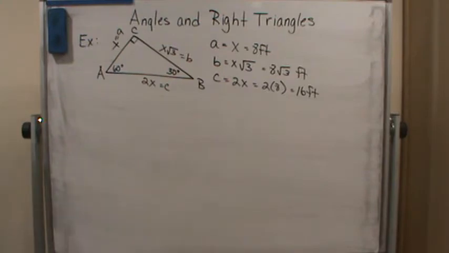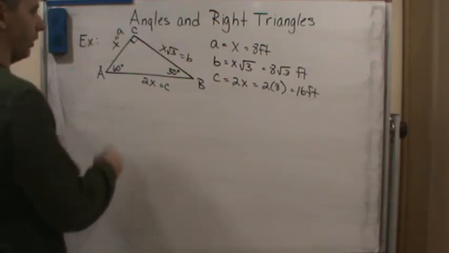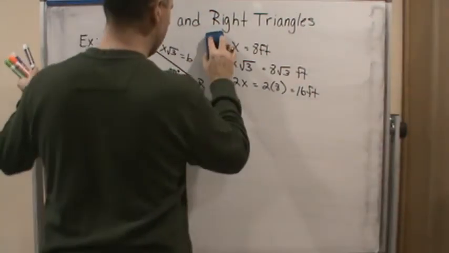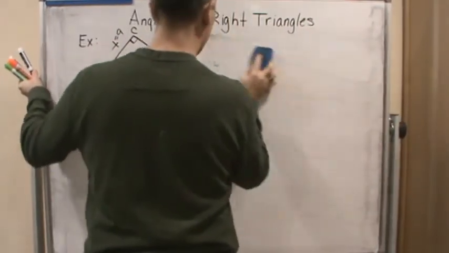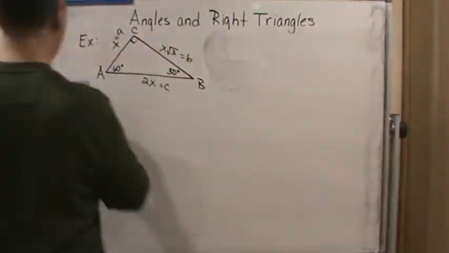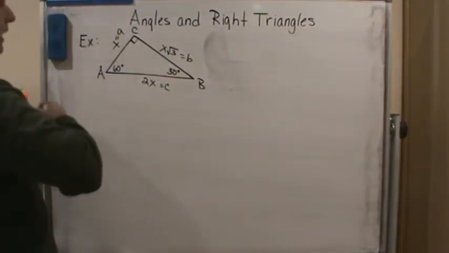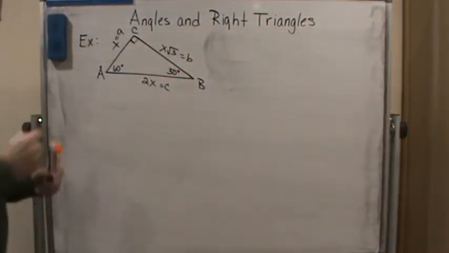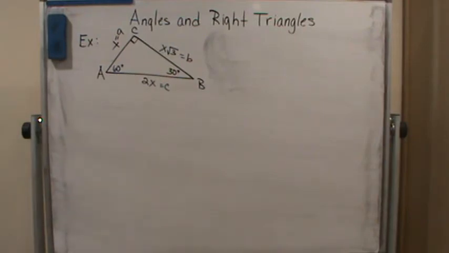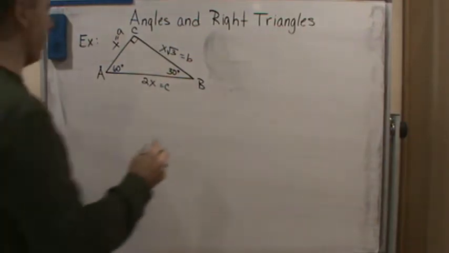Okay, now, what if I gave A is 60 degrees and C is 24 inches? Let's start over. Let's say C is 24 inches.